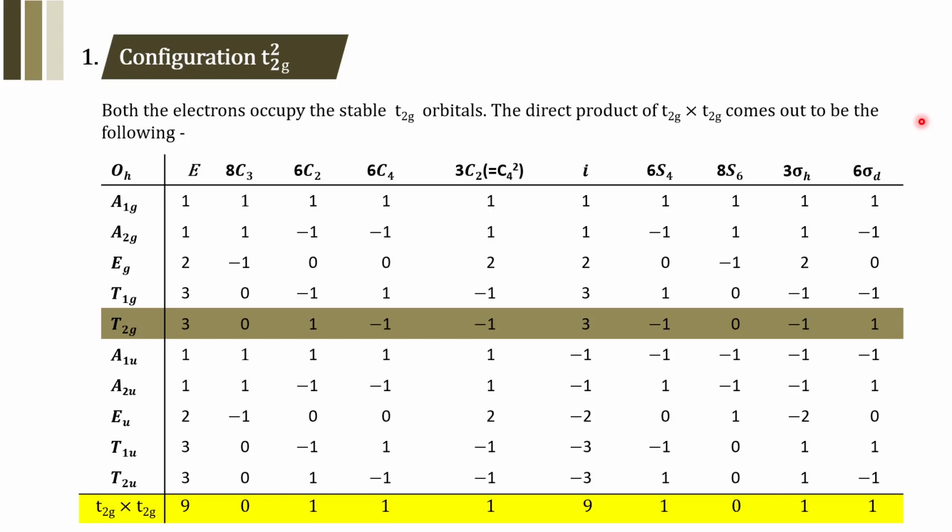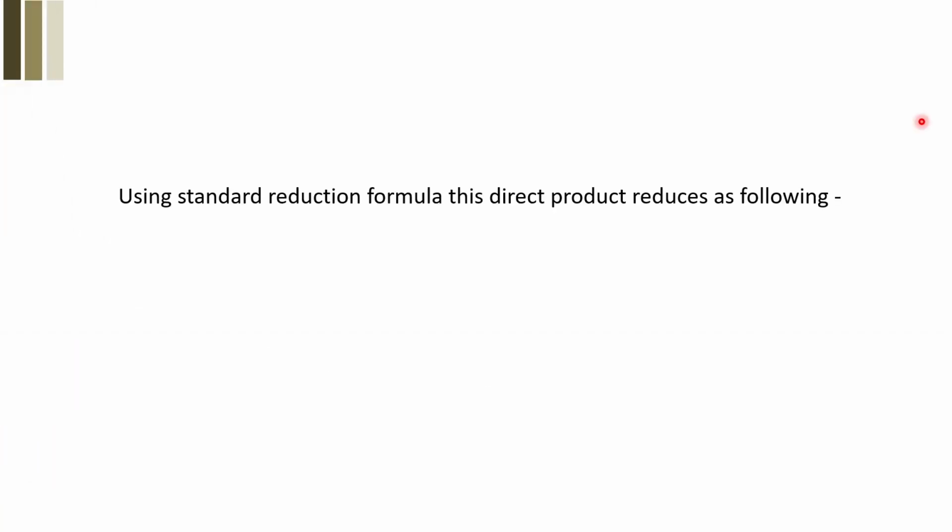That is t2g into t2g. Now it is quite easy to see that this can be decomposed into the terms A1g, Eg, T1g and T2g from the character table using our standard reduction formula. So these are the corresponding group theoretical terms related to the t2g and t2g configuration.